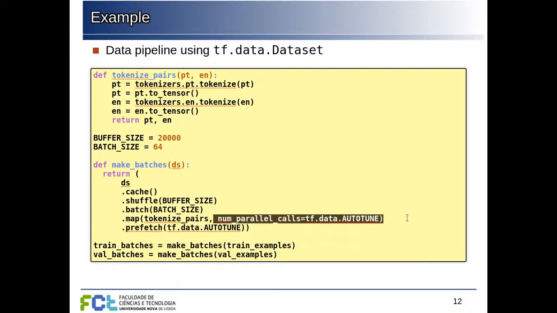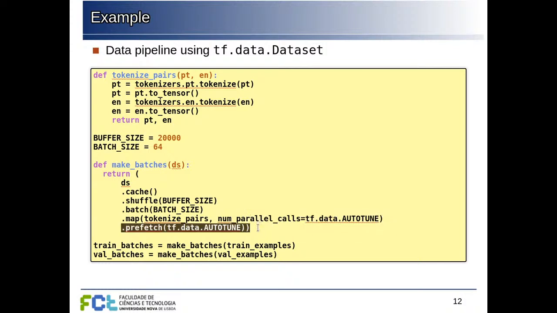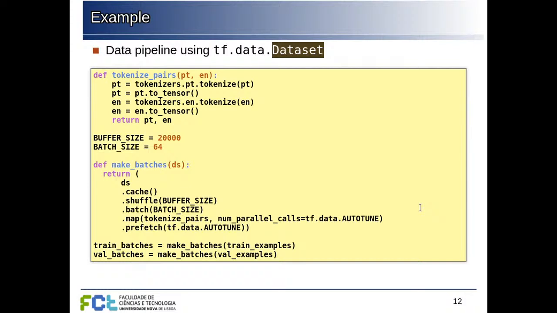So if you have several CPUs, cores, and so on, TensorFlow can do this in the CPU in parallel while it's training the previous batch. So you have this prefetch of batches that allows TensorFlow to optimize the load on your computer by prefetching some batches while others are still training. So all of this can be optimized using this dataset class.